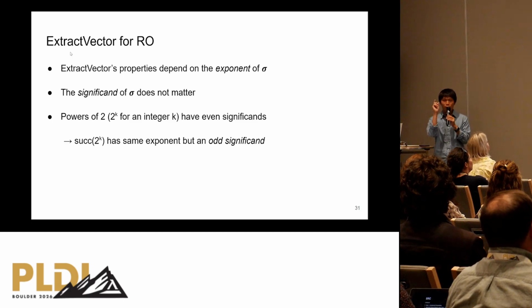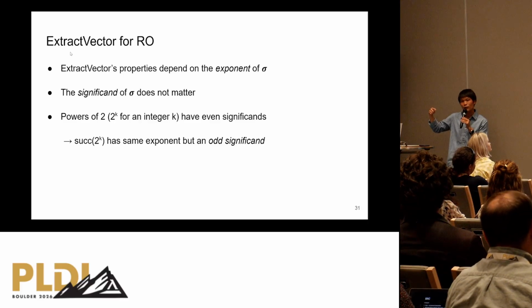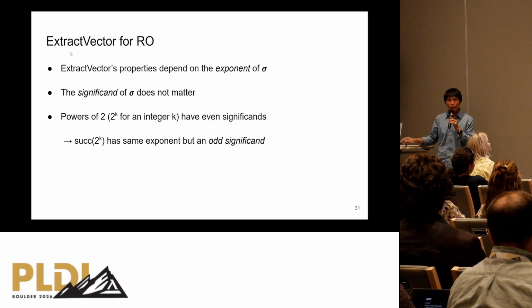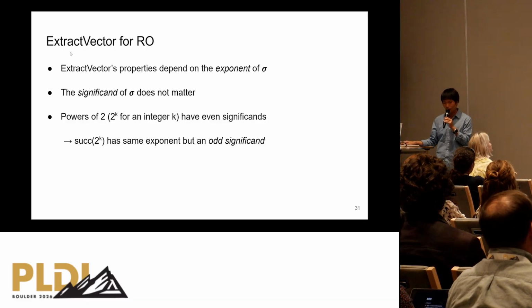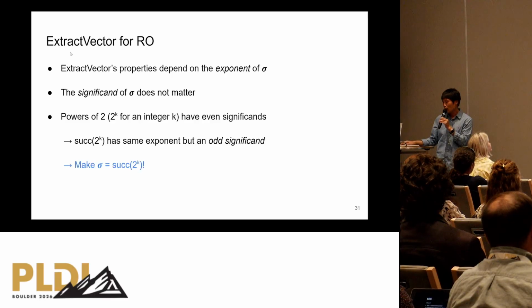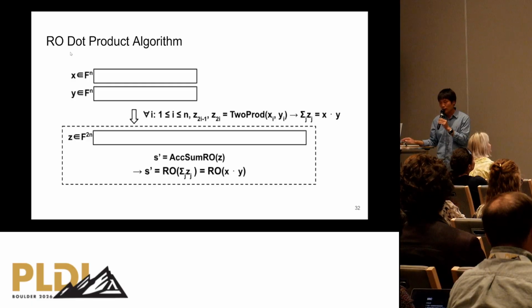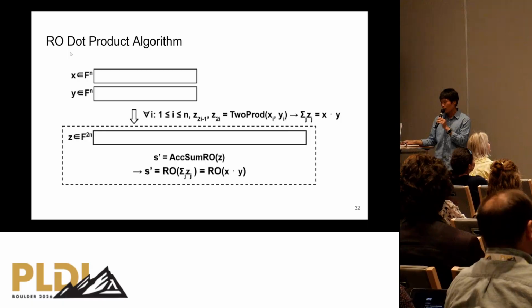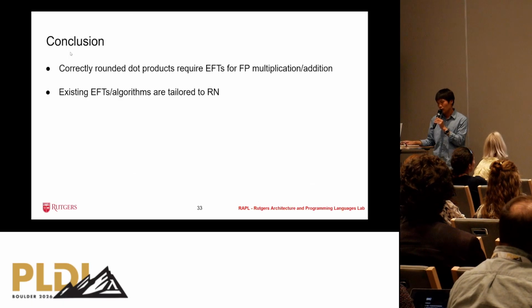So if a power of 2 has an even significand, its successor will have an odd significand, but the same exponent. So we just simply set sigma to be a successor of a power of 2, and then proceed with extract vector as originally intended. So with that small change, we have a new summation algorithm that works under round to odd. We combine it with error-free transformation multiplication to get a correctly rounded result at the end.